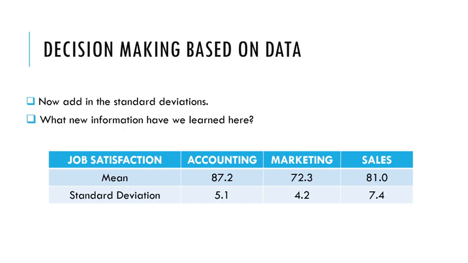In other words, the observations of all the individuals who filled out the survey, well, that spread is a lot tighter. And look at our sales department. Now, the average level of satisfaction is higher for sales, but they also have a much larger standard deviation.